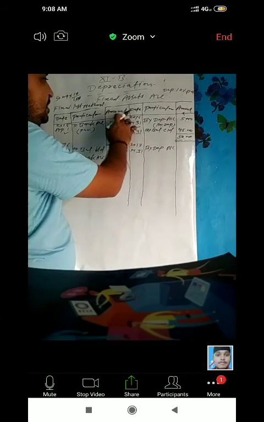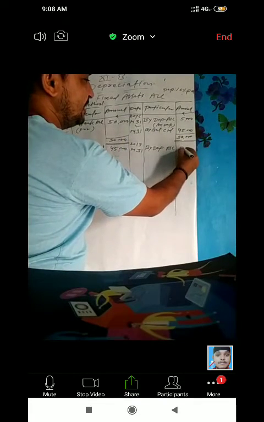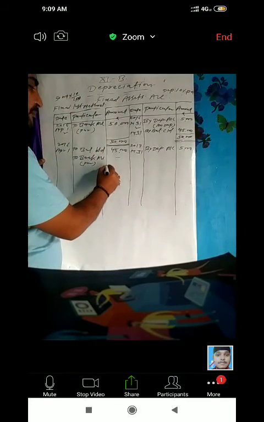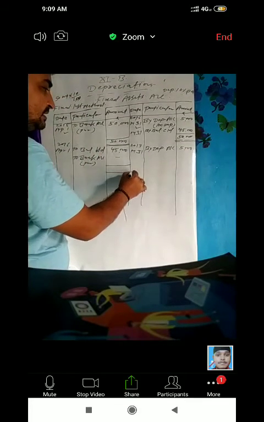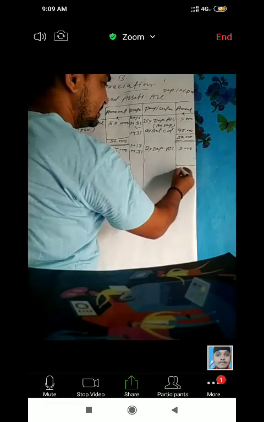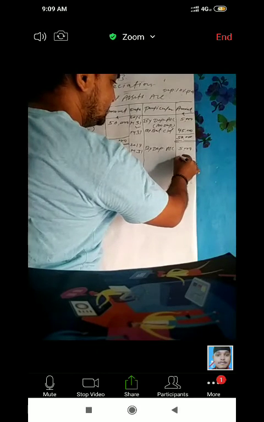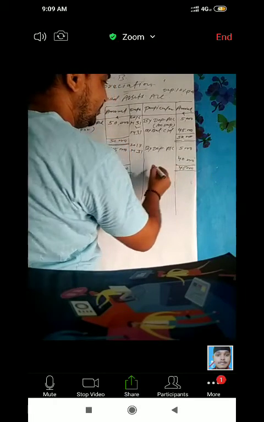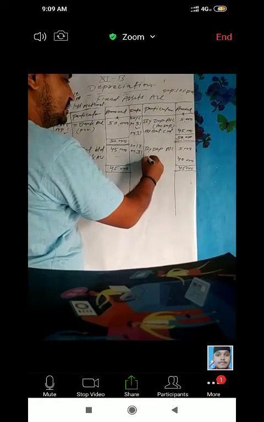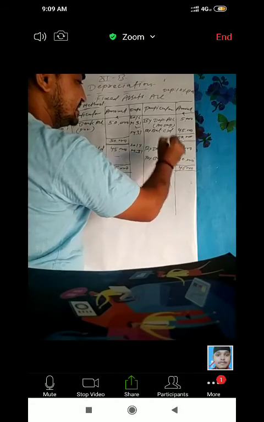So 50,000 of 10% again will be 5,000. Again balance it: 45,000 minus 5,000 is 40,000. Write the same, which you have written here, by balance C/D.